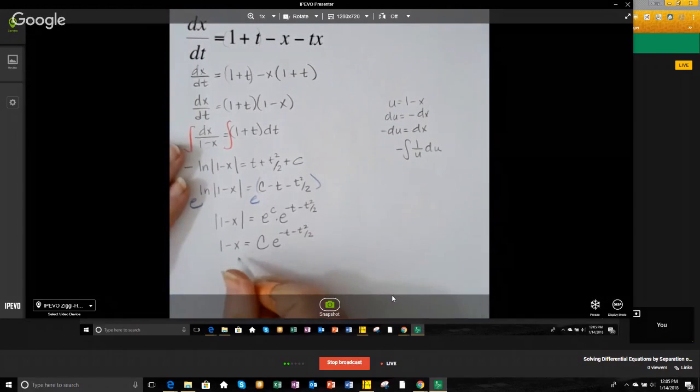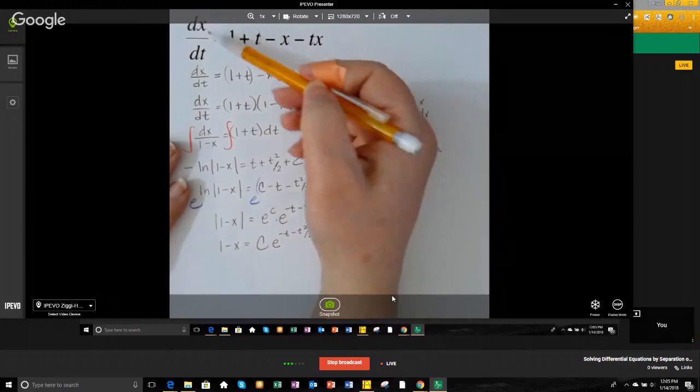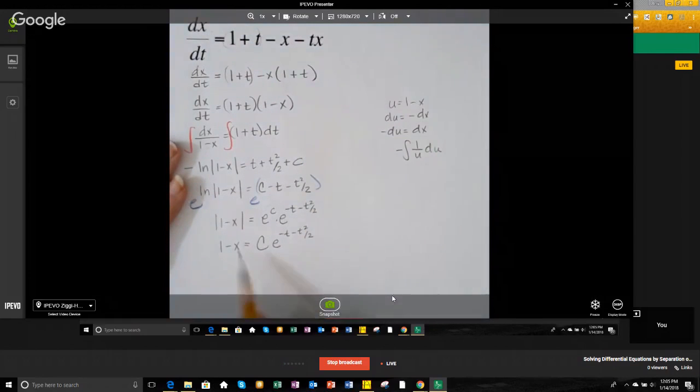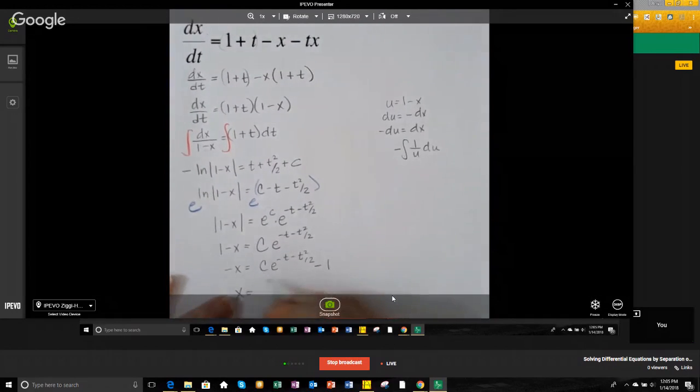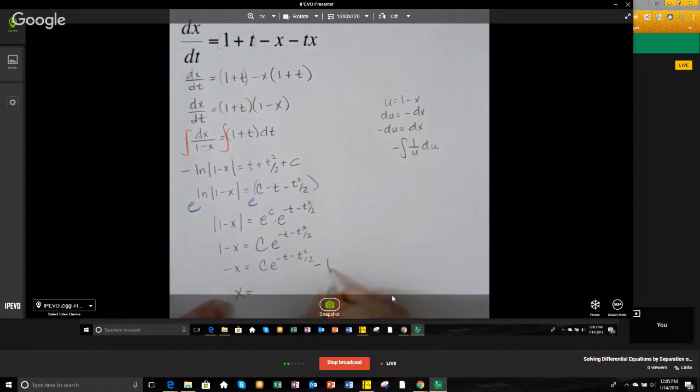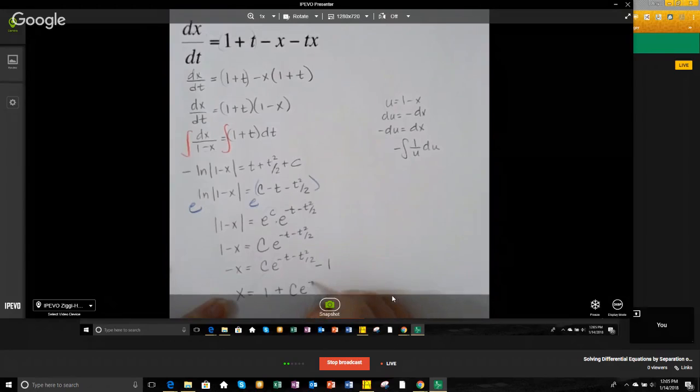And now I've got to solve for x instead of y because my function is going to be of x. So we're going to get negative x equals c e to the negative t minus t squared over 2 minus 1. And then multiplying everything by negative 1, I can say that this is now 1 plus c e to the negative t minus t squared over 2.